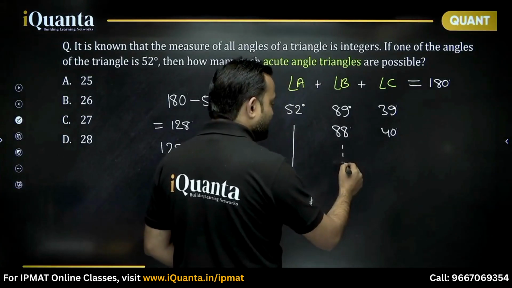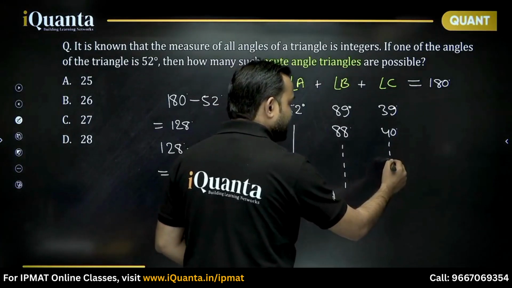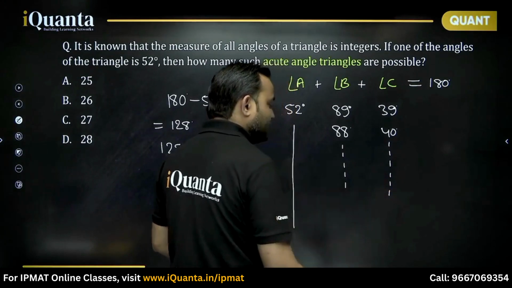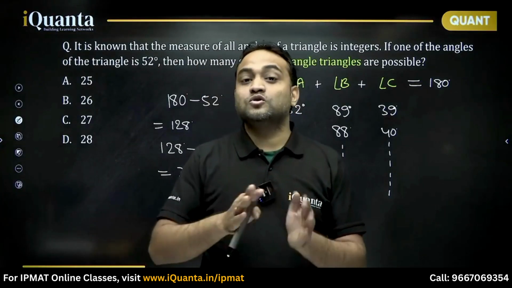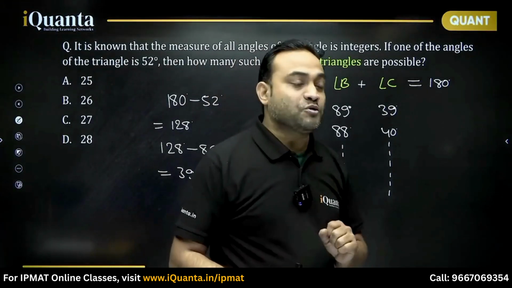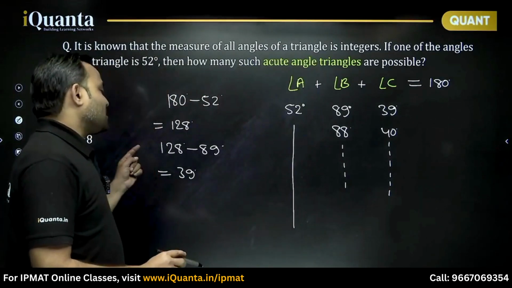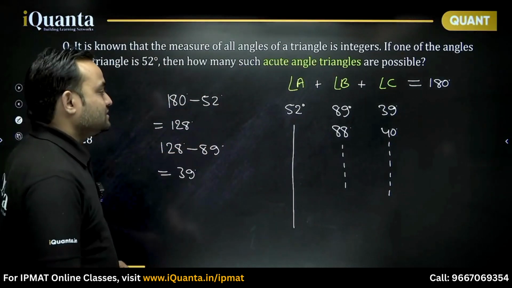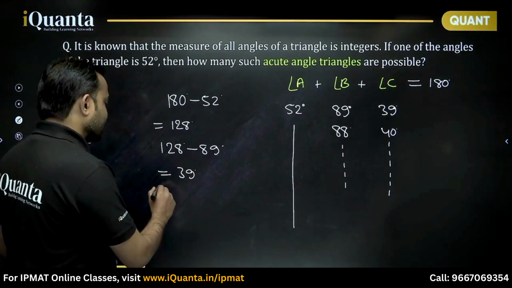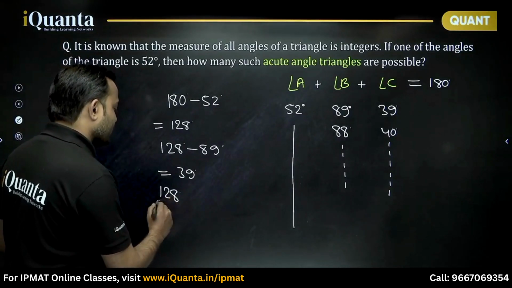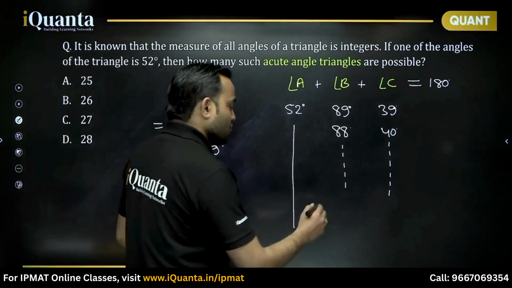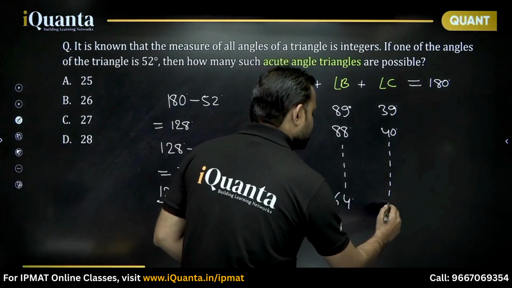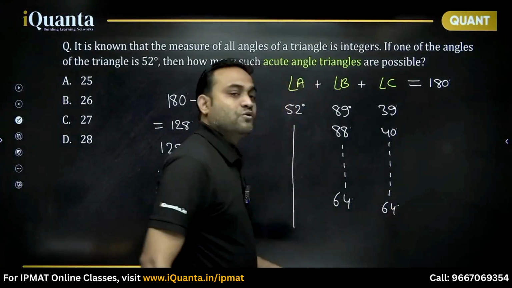And if we go further, there will be a time when both the angles are equal or closest to each other. What will be that possibility? We know that the sum of the rest of the two angles must be equal to 128 degrees, and if we divide 128 by 2, we get 64 degrees. So this will be 64 degrees and 64 degrees.